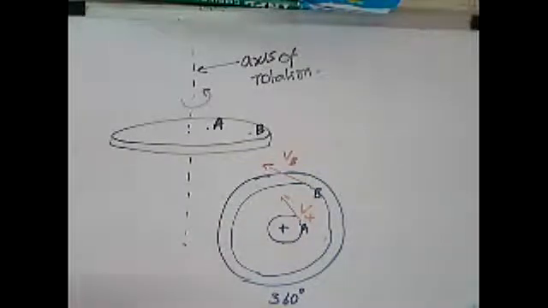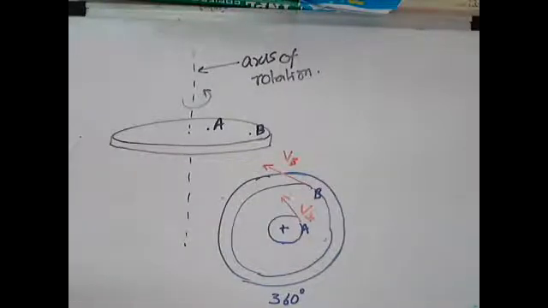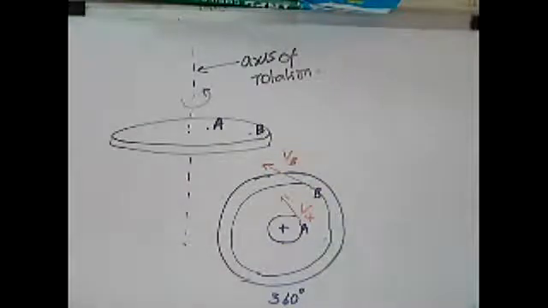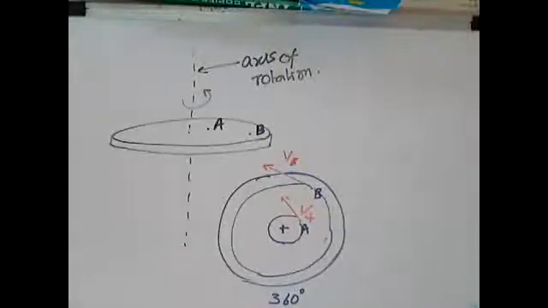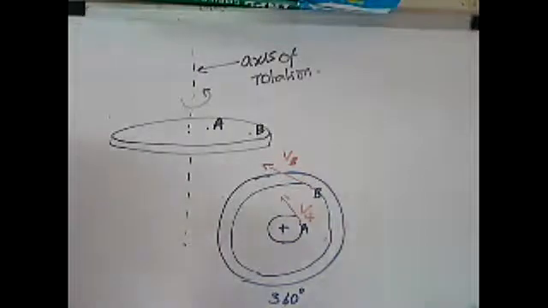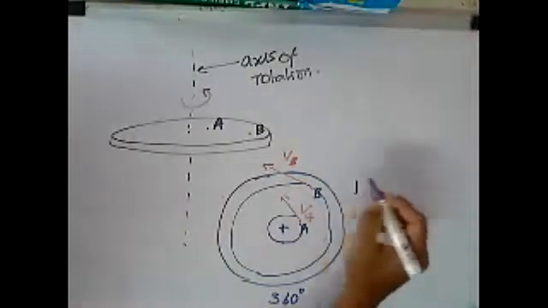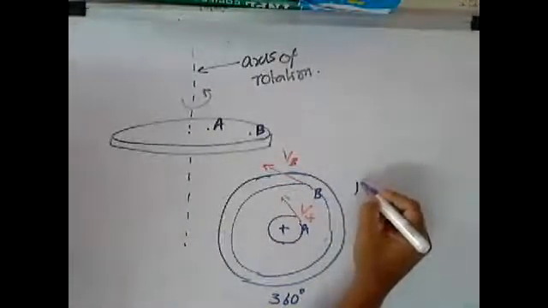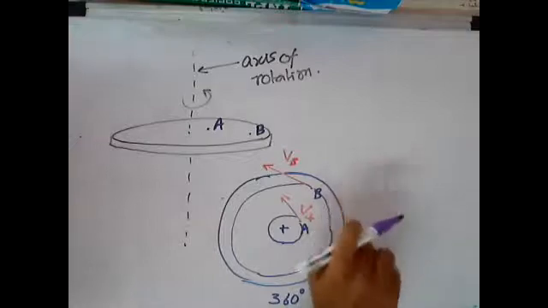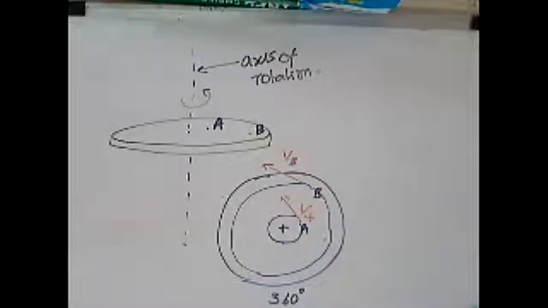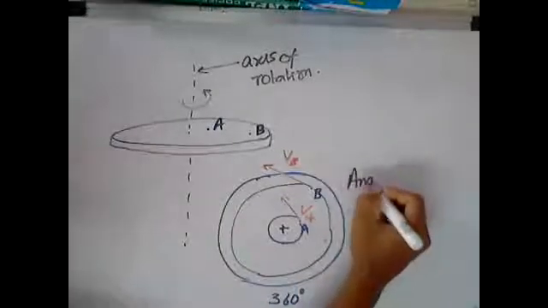This we had discussed. But then we also said that for rotational motion, there is also another kind of velocity that we have to discuss, which is its rotational velocity, also known as angular velocity.